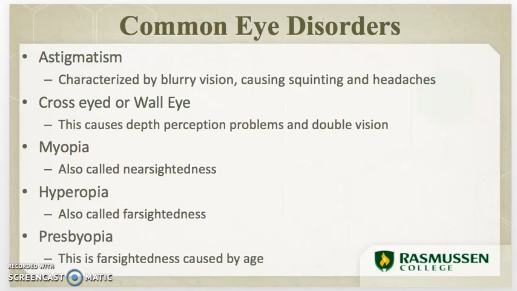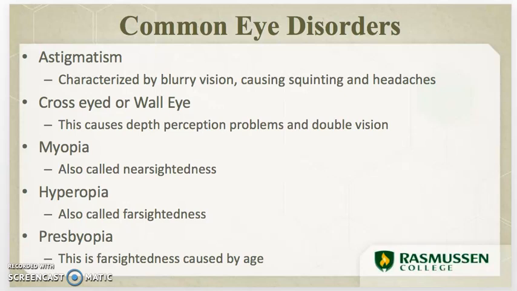We can have what we call cross-eyed or wall-eye. This is where the patient has a disorder that they may have problems with depth perception and double vision. Again, treatment will include glasses or contacts, but then you'll also typically have where patients will wear a patch over the stronger eye to actually help force the weaker one to become stronger. It's sort of like eye physical therapy.